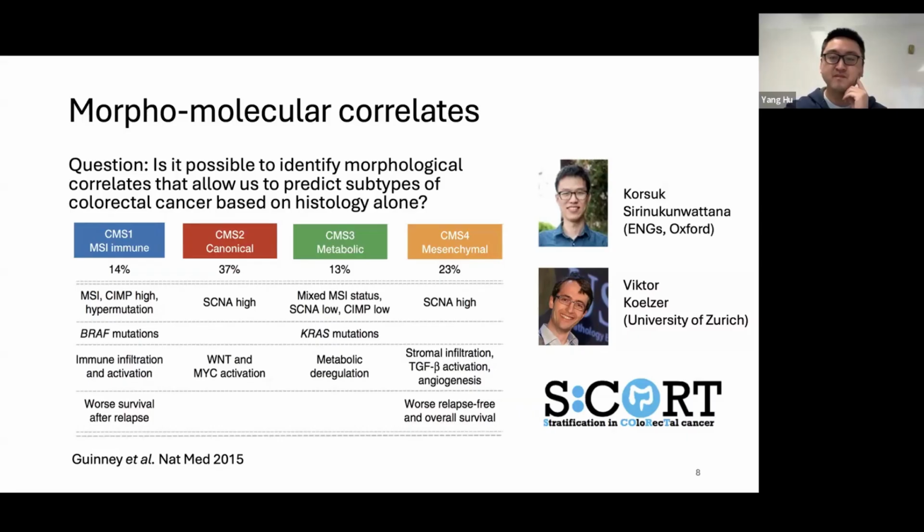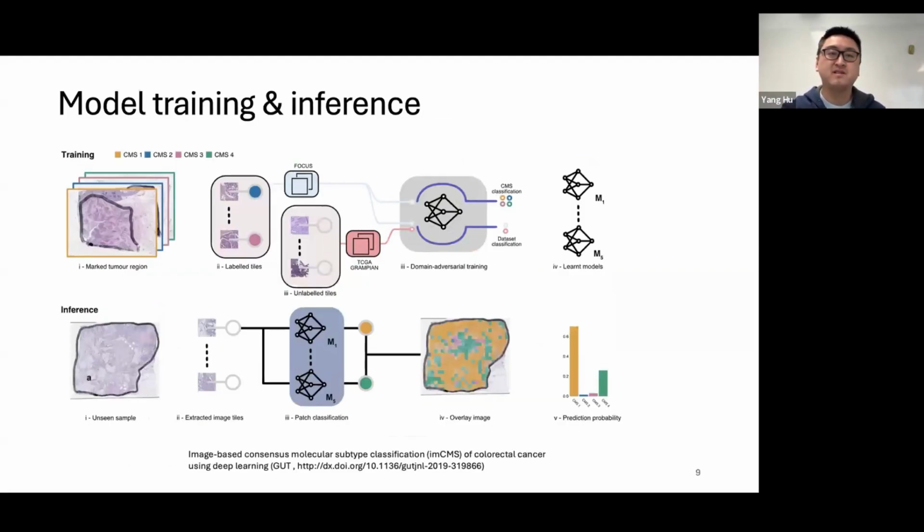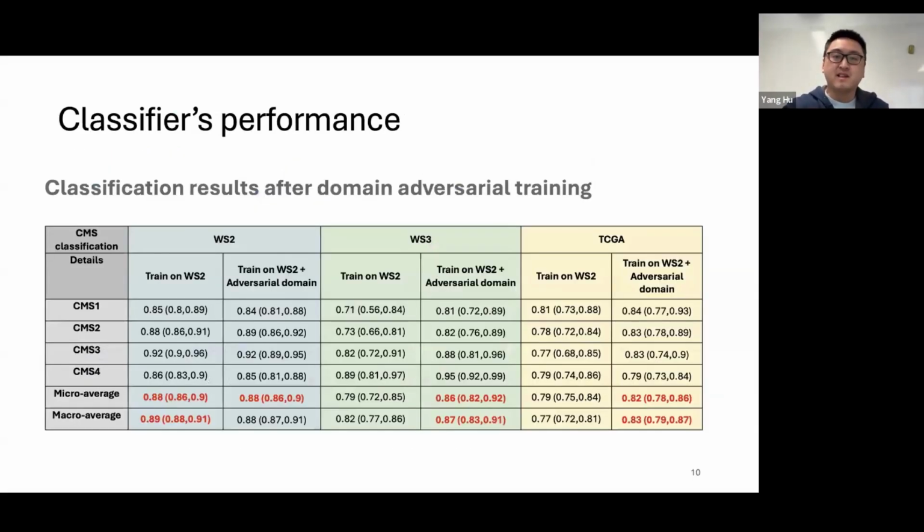They conducted such an experiment, training a very straightforward classification pipeline, and got very good results even on the external validation cohort.